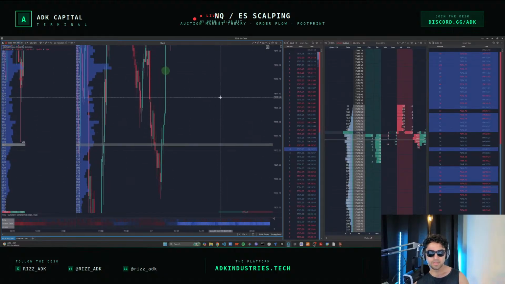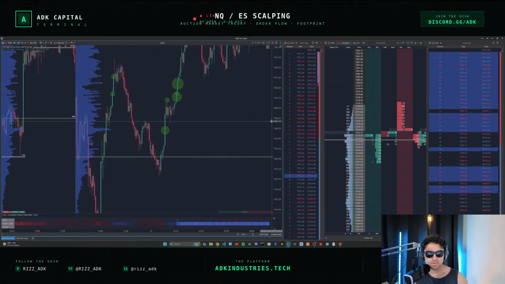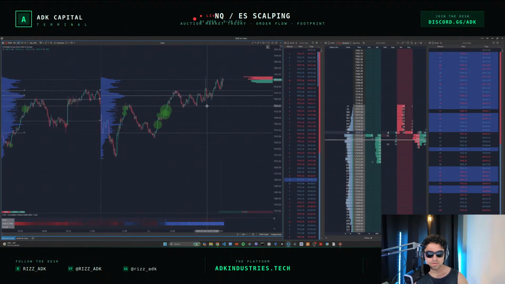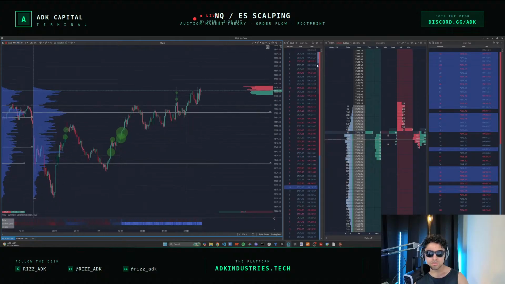Now once we have this chart set up, let's keep another chart for the bigger picture, a 5 minute time frame, 9 days.